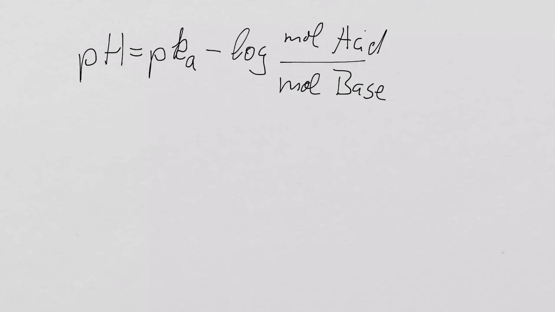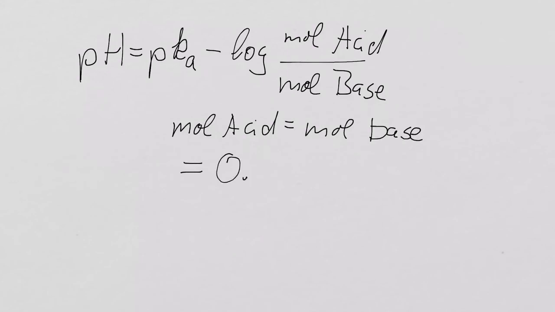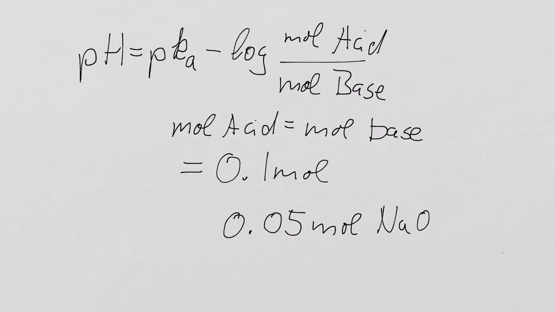We said mole acid equals mole base equals 0.1 mole. Okay? What would happen if I add 0.05 mole of NaOH?